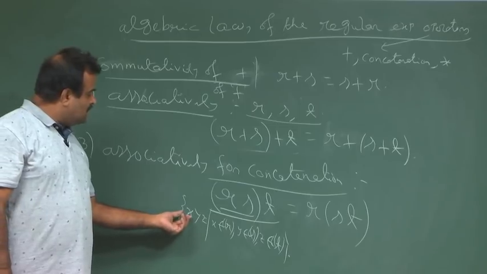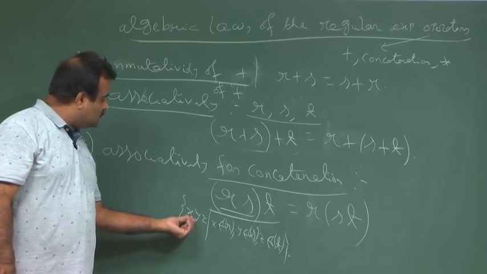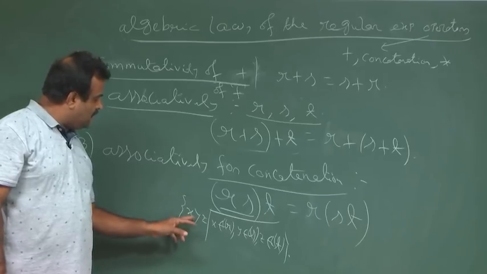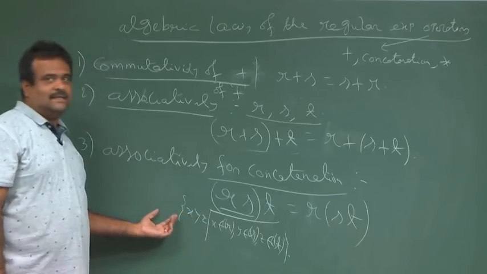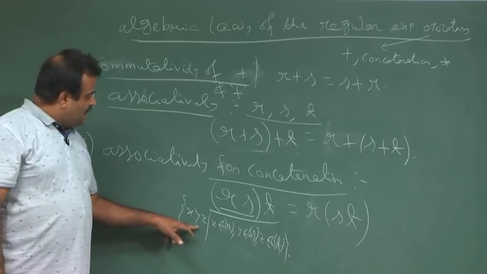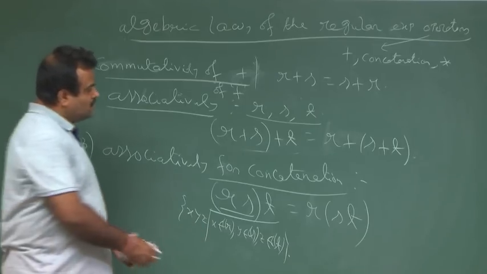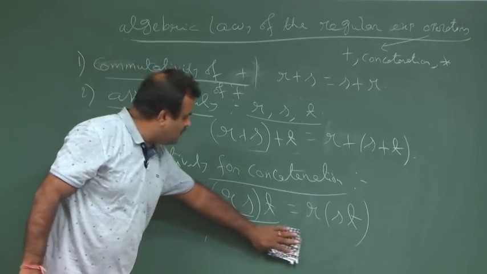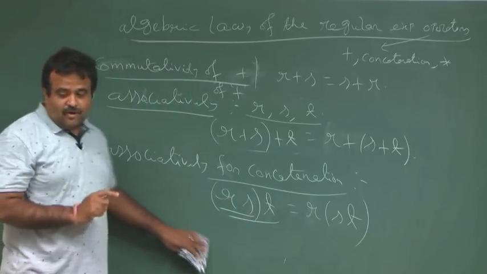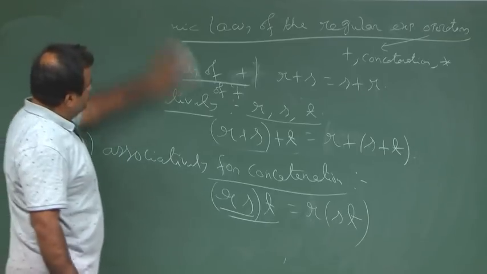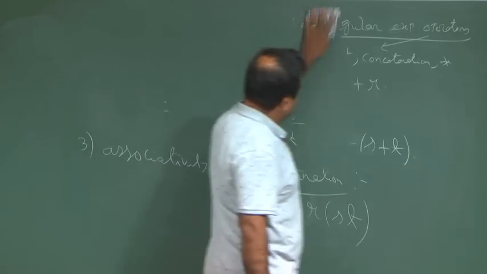It does not matter whether you read x y then z, or x then y z. They are the same, because they are basically x y z. So, associativity is there for concatenation, but commutativity is not there for concatenation, that we will check.